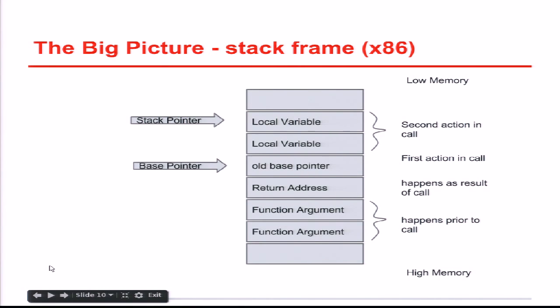So here's the stack frame. Remember, the base pointer and the stack pointer are registers. It's typical to have your memory accessed from high memory to low memory. Your base pointer is pointing to your old base pointer, so that if we were to take this and put it back in the base pointer, we would be down here someplace. The return address is where you're going to return to when you call a function.